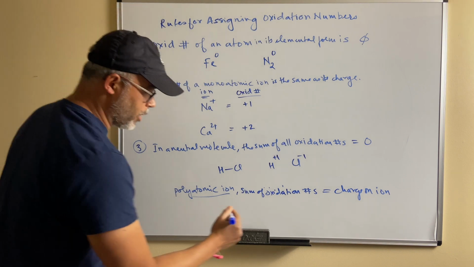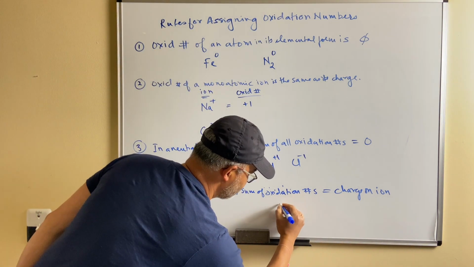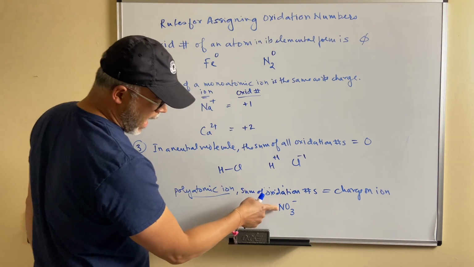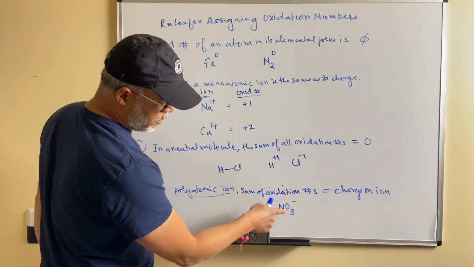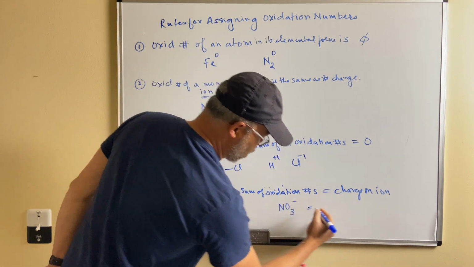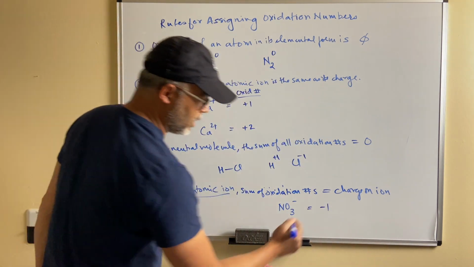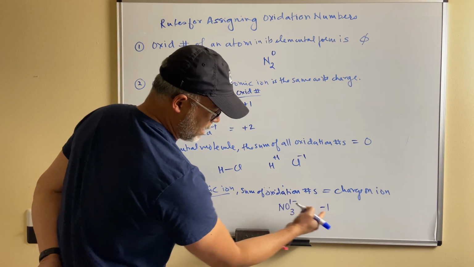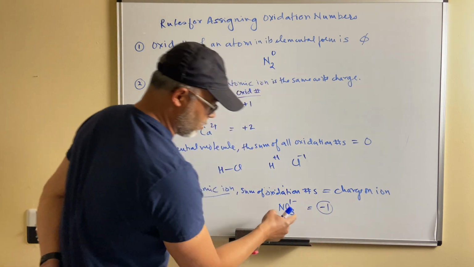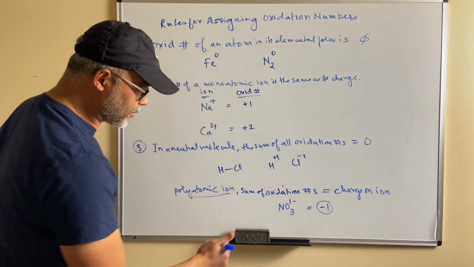So for example, if I have NO3-, if I add up all the oxidation numbers for the 3 oxygens and 1 nitrogen, that should equal a charge of -1. Notice carefully, that's a 1-, but the oxidation number is -1.